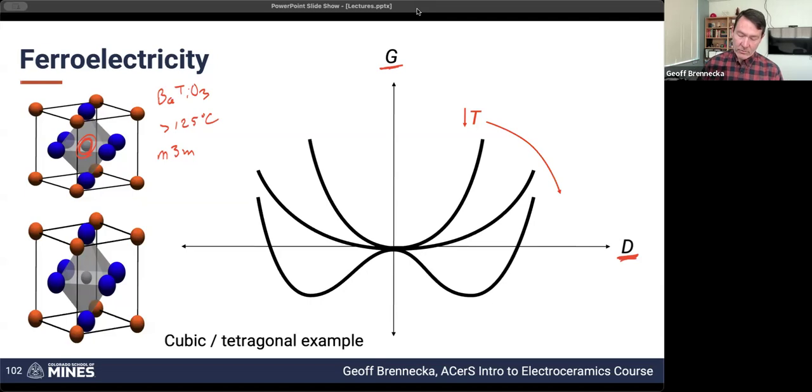So at high temperature, when we're cubic, the ion really wants to be here. If we displace it in some way, that pushes the free energy up. So it requires energy to move this ion out of its center.